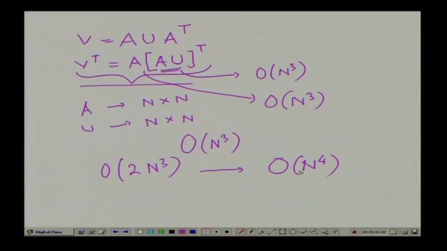So, what we have obtained in this case is a reduction of computational complexity by a factor of capital N. This simply indicates the advantage when the transformation is done in the form of a separable transformation.